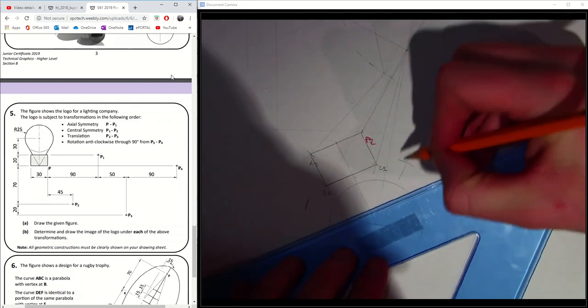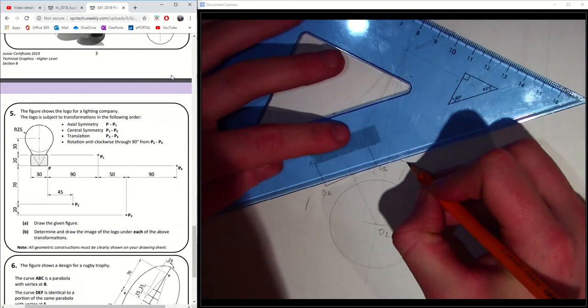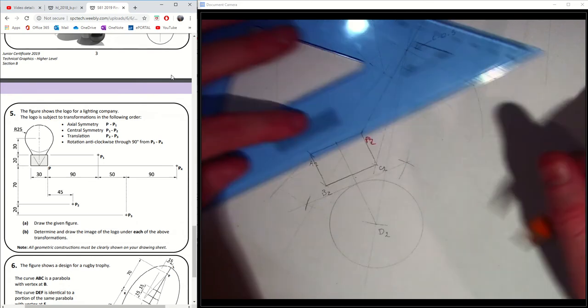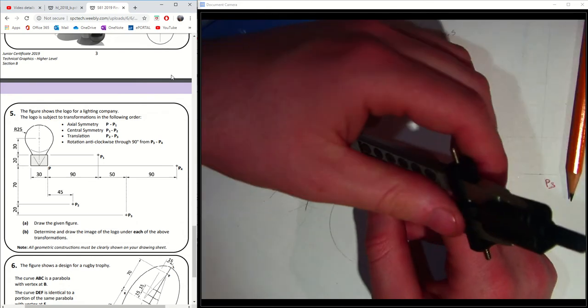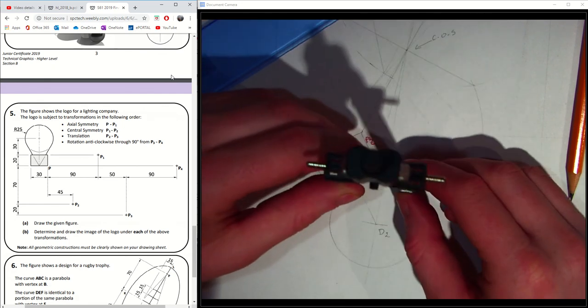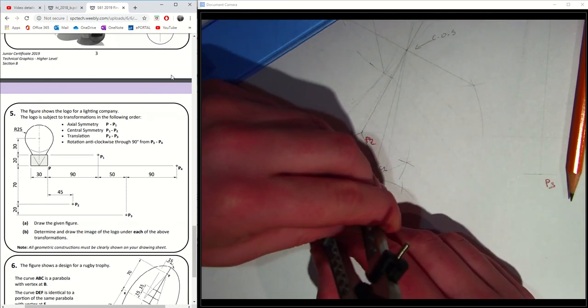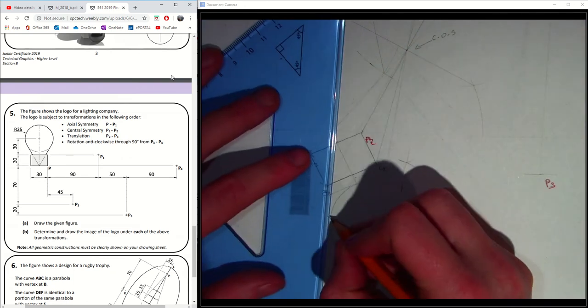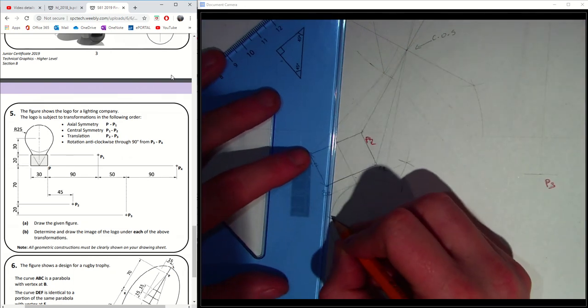Now I'm drawing in two semicircles, or I can just mark it off on my points. I know I've drawn the semicircles where they intersect. Instead, I just marked it off.